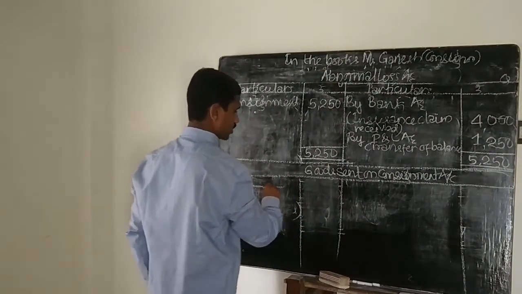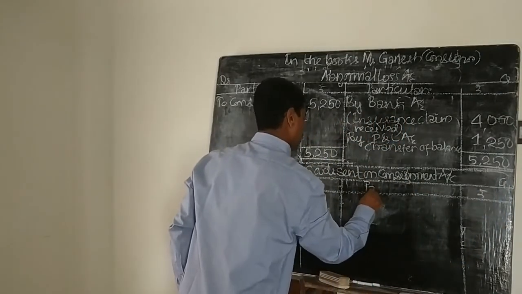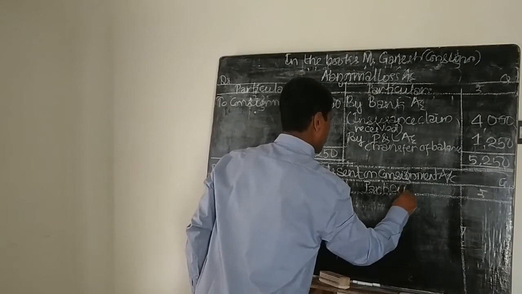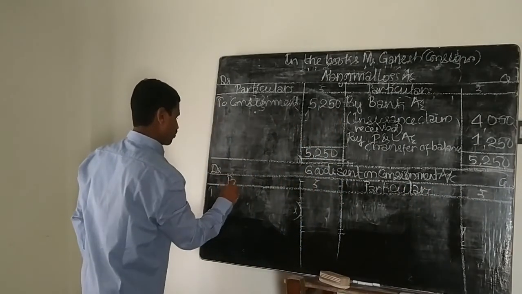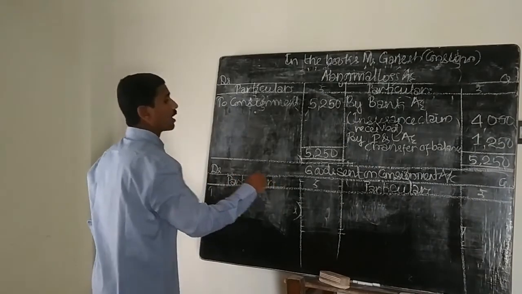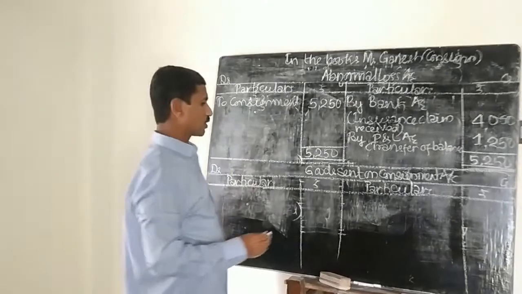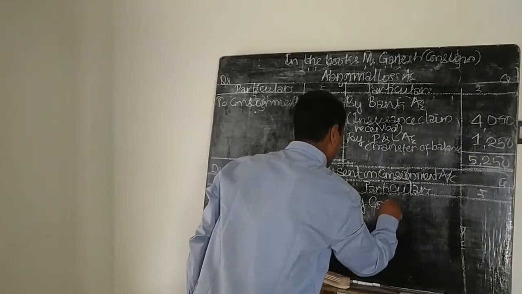So now let us prepare it here. When the goods are sent on consignment, the entry will be consignment account to goods sent on consignment. So goods sent on consignment is credited by consignment.